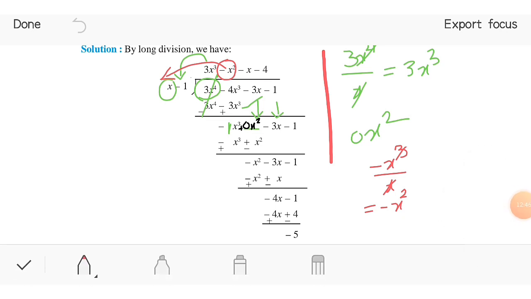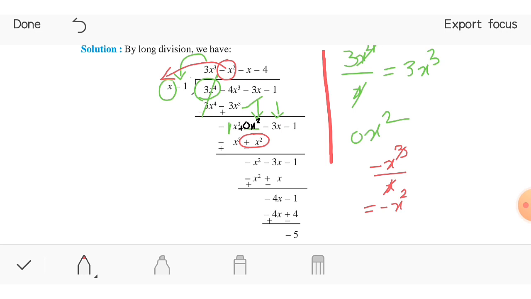Now minus x square multiplying with x will give us minus x cube. Again minus x square into minus 1 will give us plus x square.